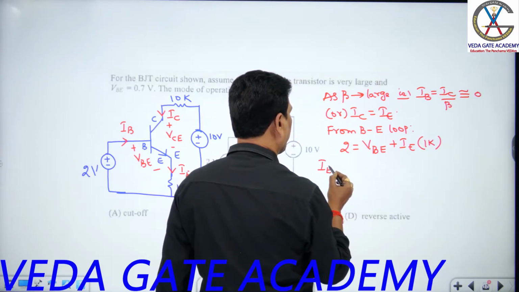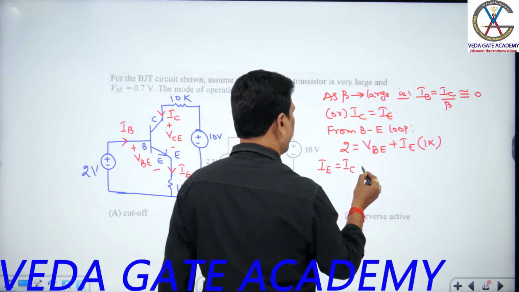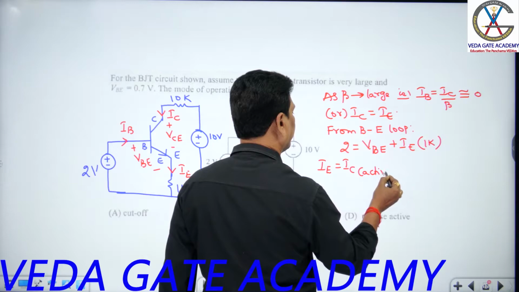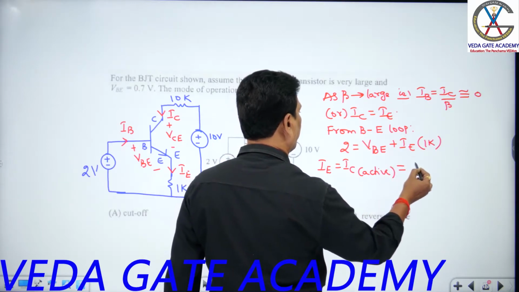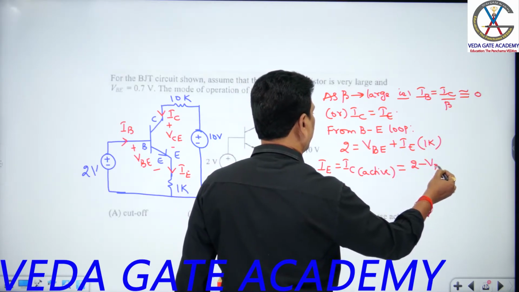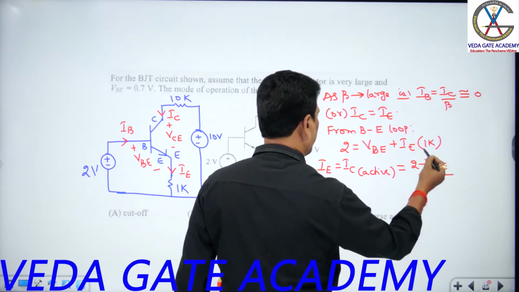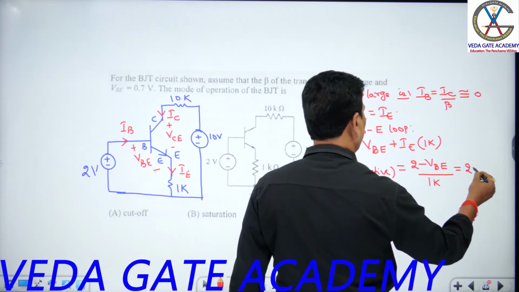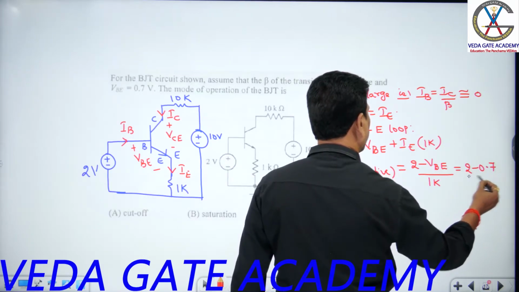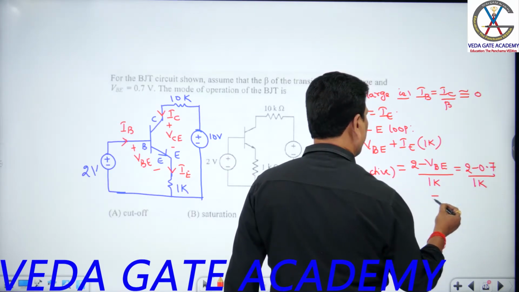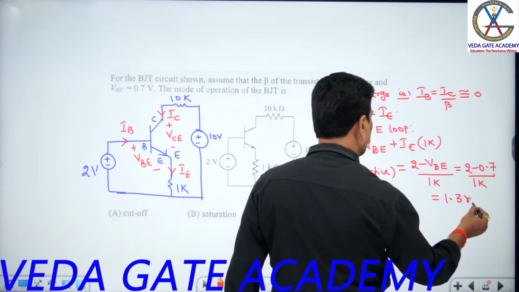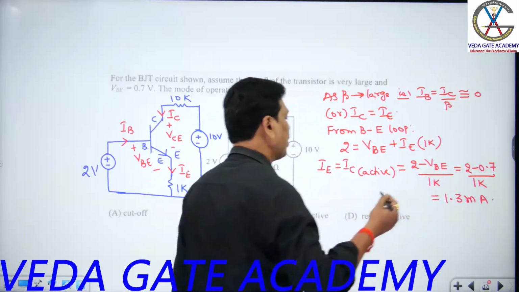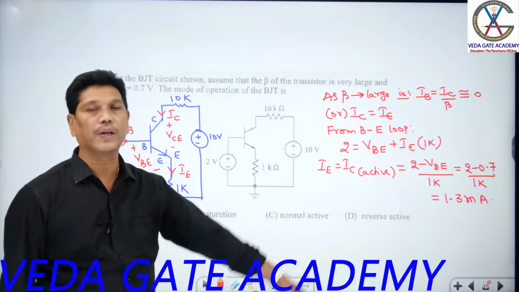So IE equal to IC, that I can call IC active now, that equals 2 minus VBE by 1K, students. VBE given 0.7, 2 minus 0.7 by 1K, that becomes 1.3 milliampere, students.